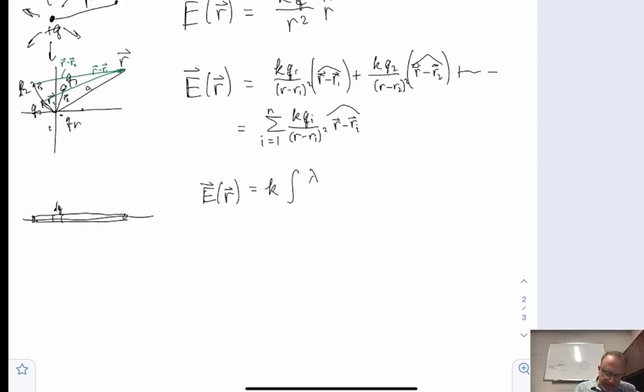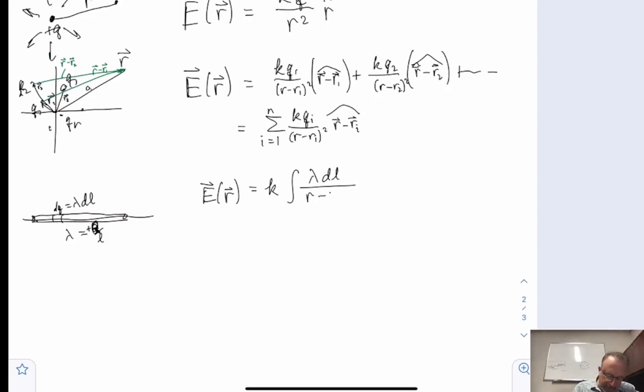This is a charge density because it's Q over L, total charge Q. Sometimes if you're talking about total charge, you make it a big Q. Lambda dL is the differential charge contained in that little segment right there. And so you integrate over each little segment.